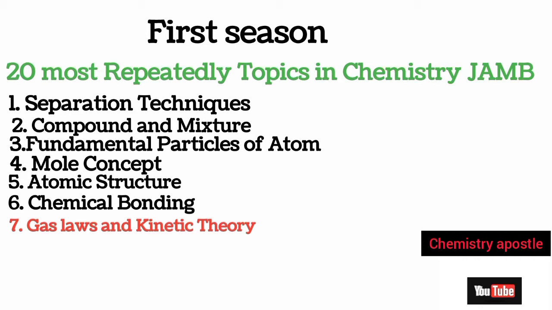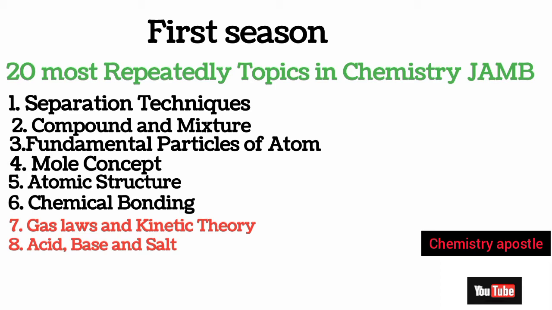Gas laws and kinetic theory. Gas laws, we have about 7 gas laws. Please, students, make sure you read all these gas laws and the calculations under them. Then kinetic theory, we have like 5 kinetic theory. You need to understand this kinetic theory and their application.